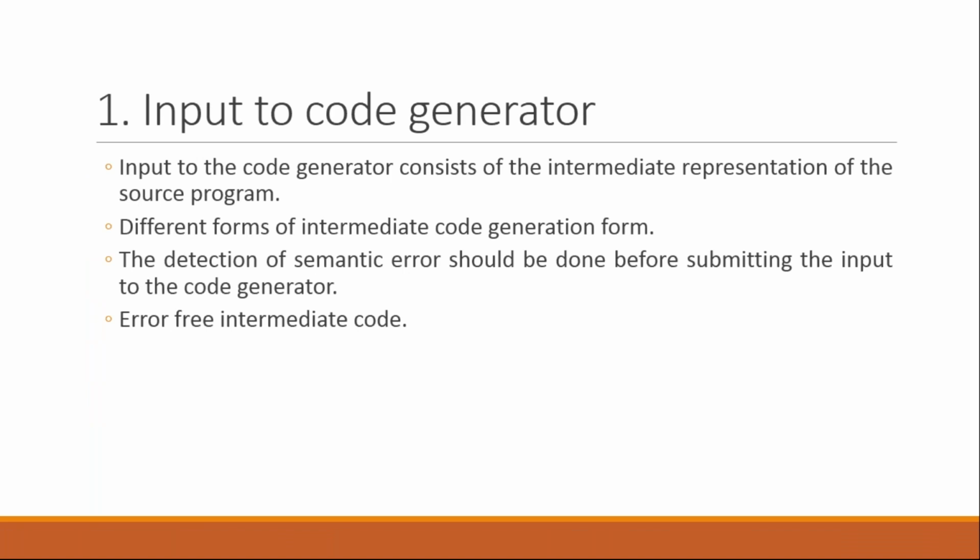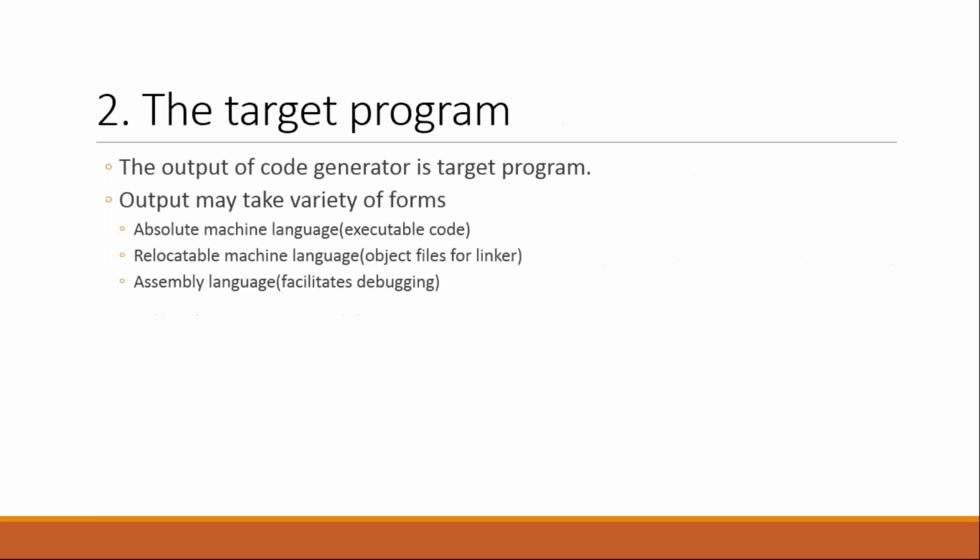The input to the code generation has many different forms of intermediate code. Different types of error resolving processes are there. Then the second issue is how your target program is going to be stored.